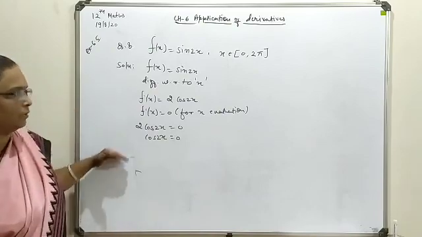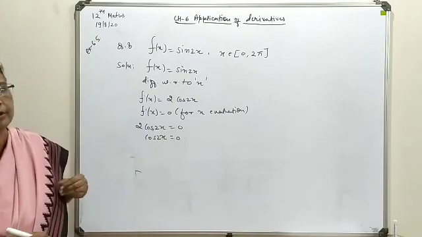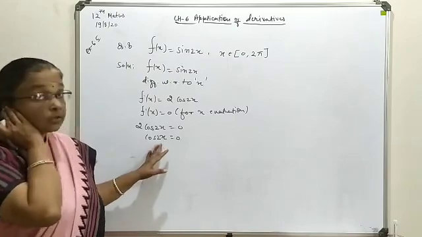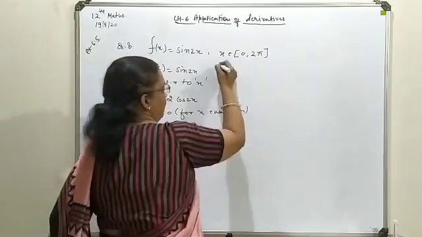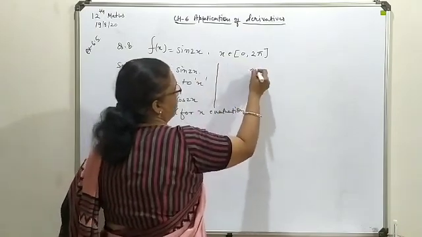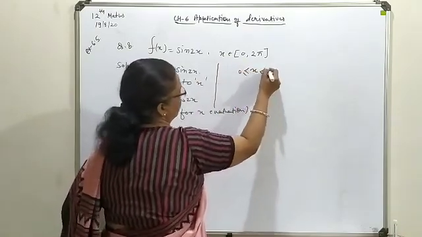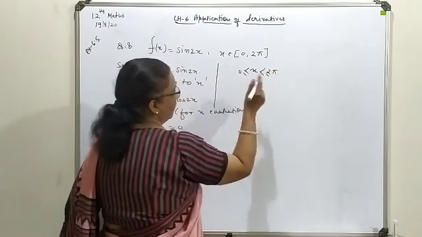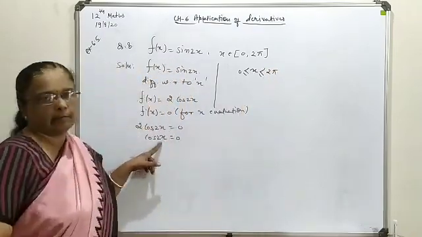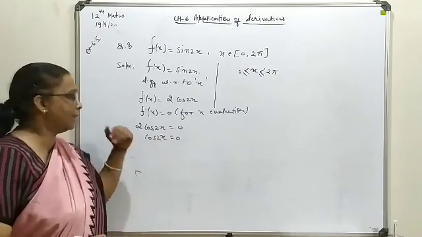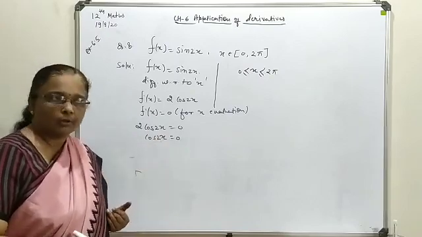Now first of all we look at the given range and how to define this 2x. So here you see x is available within the closed interval 0 to 2π. This is an important part of this question. Now the angle we have generated is 2x. So obviously the answer you will write in form of 2x.